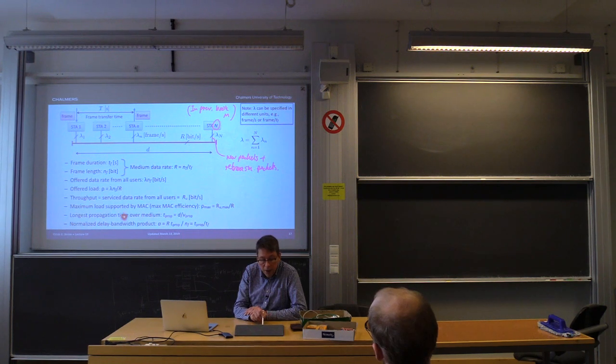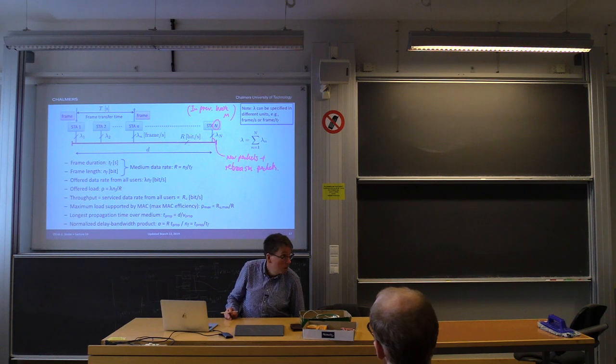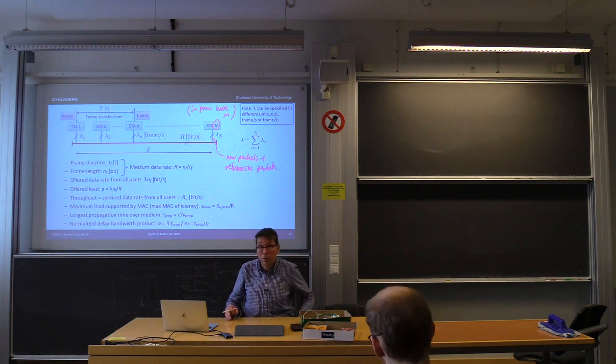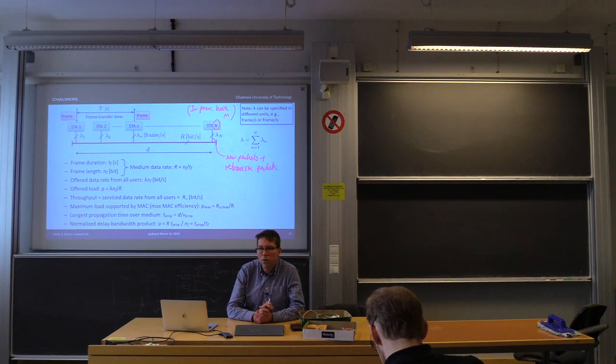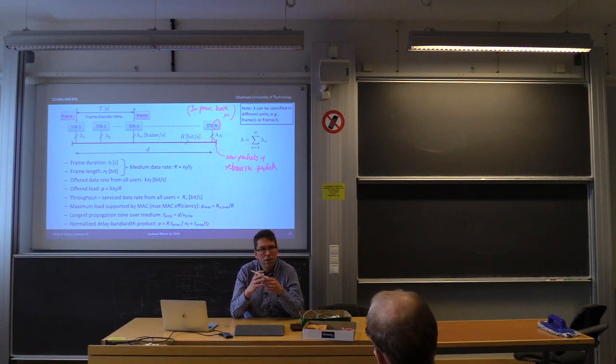Now, the longest propagation time of this medium depends on the length of the medium and the propagation speed of the medium. Once we have that, we can compute the normalized delay bandwidth product, which turns out to be a critical parameter in the efficiency of these schemes. We don't have time to go through all the equations here, but if you go back and look at Aloha and CSMA and these different types of schemes, there are some efficiency calculation formulas for these.